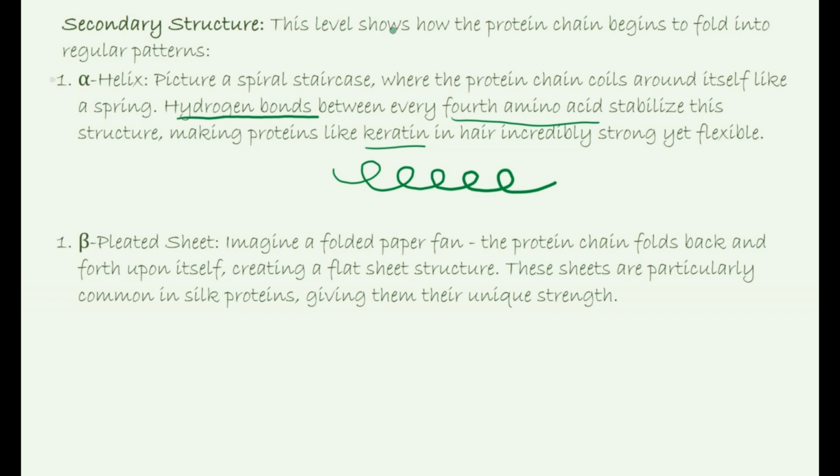Second structure, that is beta-pleated sheet, it will be like this, like a sheet it will form. Here also the protein chain folds back and forth upon itself, creating a flat sheet structure. These sheets are particularly common in silk proteins, which gives us a unique strength.